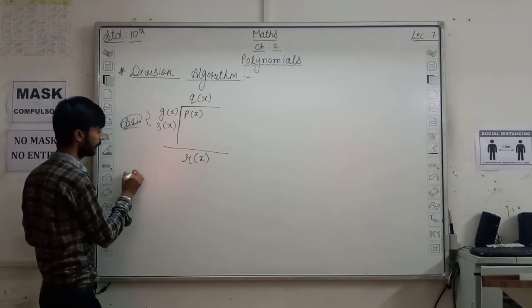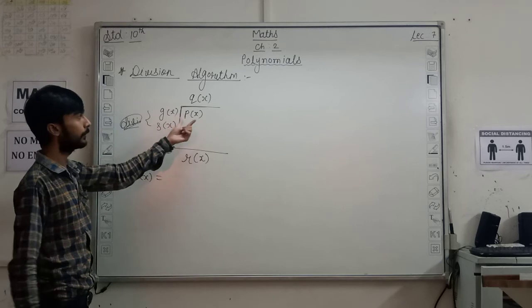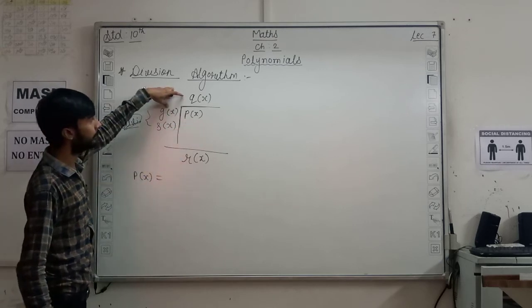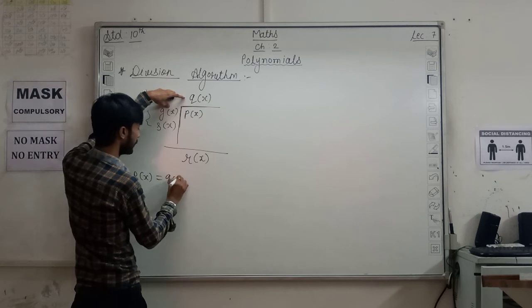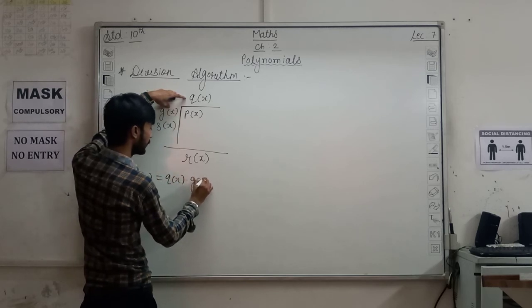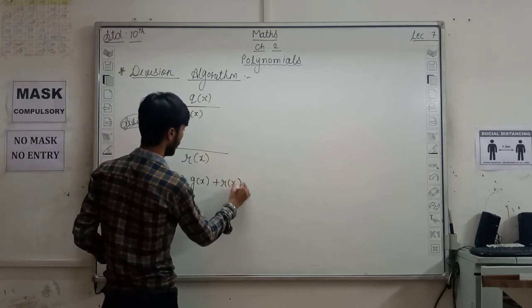Then the division algorithm is: p of x equals the multiplication of these two terms, q of x into g of x, plus the remainder r of x.